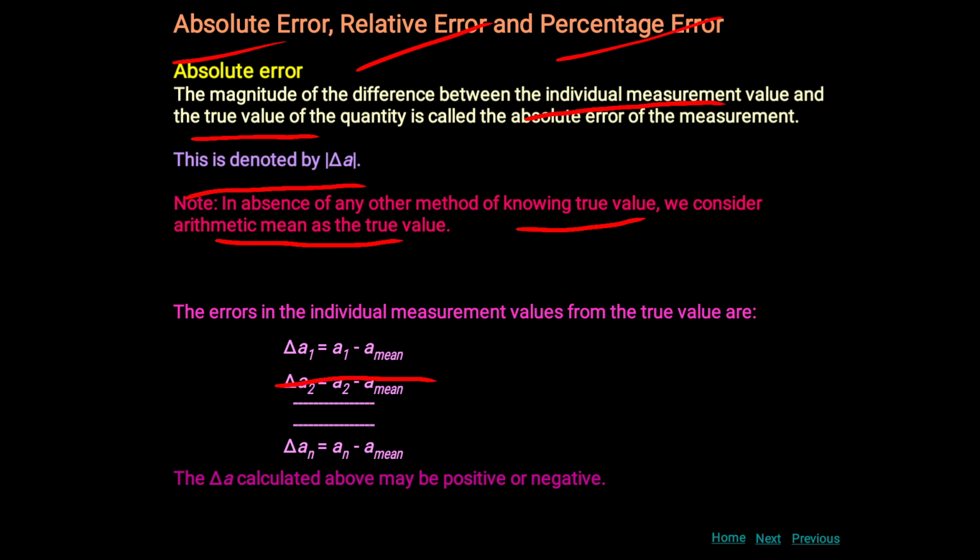The delta A calculated above may be positive or negative, but the absolute error, mod of delta A, is always positive. The arithmetic mean of all the absolute errors is taken as the final or mean absolute error of the value of physical quantity A. It is represented by delta A mean.